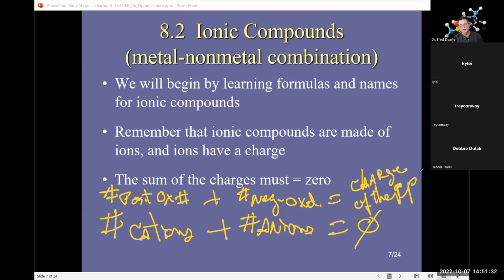And that encompasses more than just cations and anions, because the total number of positive oxidation numbers, be it covalent, be it ionic, plus the total number of negative oxidation numbers, be it covalent, be it ionic, would equal the total charge of the molecule.